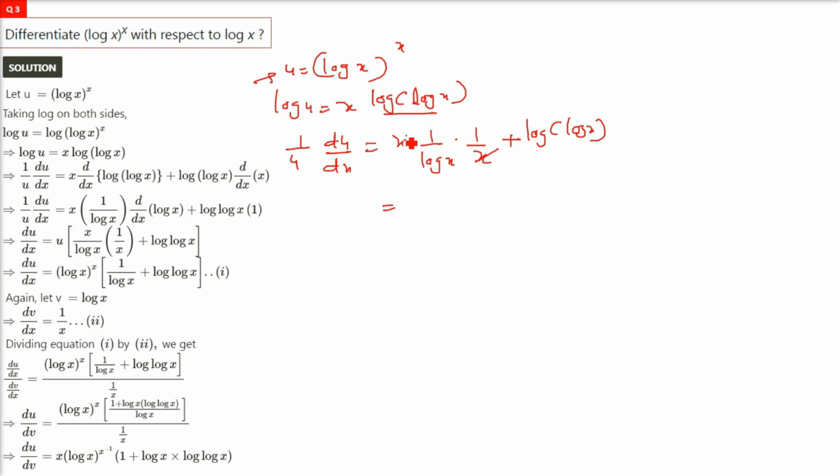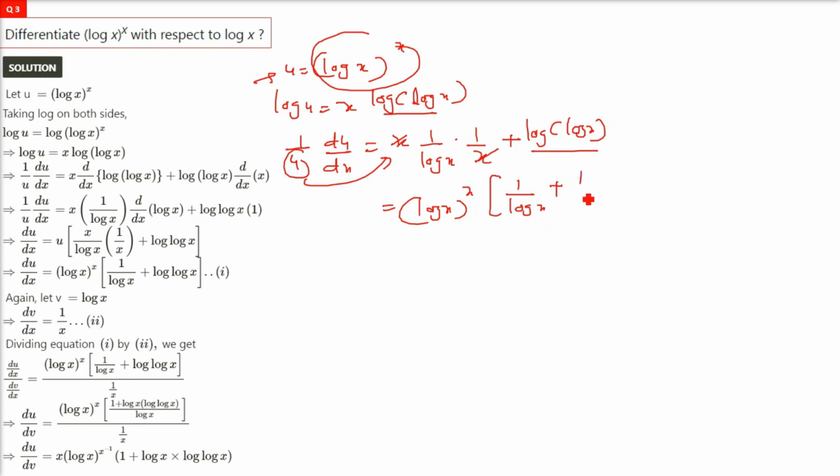So this x gets cancelled. So 1 by log x plus log of log x, and 1 by u has to go on the right. So we take (log x) raised to x. This is 1 by log x plus log of log x. So this you can solve more if you want.